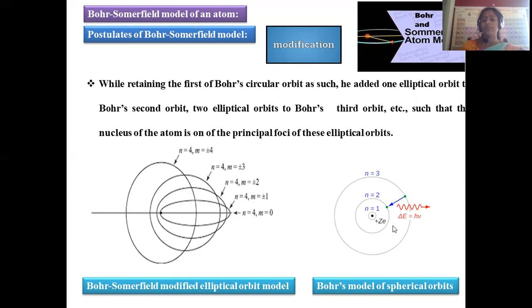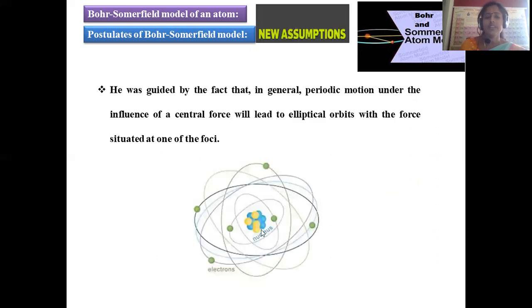This is the fixed one given by the first assumption, Bohr's spherical orbit concept, which was modified by Sommerfeld, who introduced the elliptical orbit concept for different subshells. When we move from one principal quantum number to another, there is a change in their paths. Orbits are slightly changing. All of this is shown in this diagram.